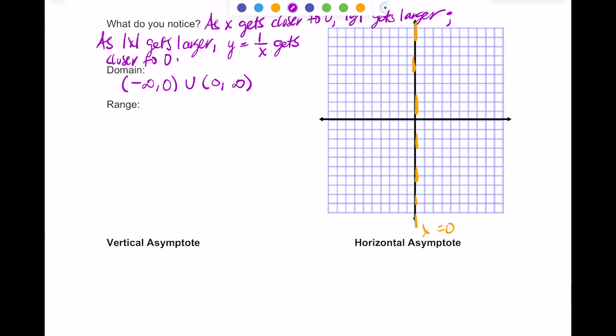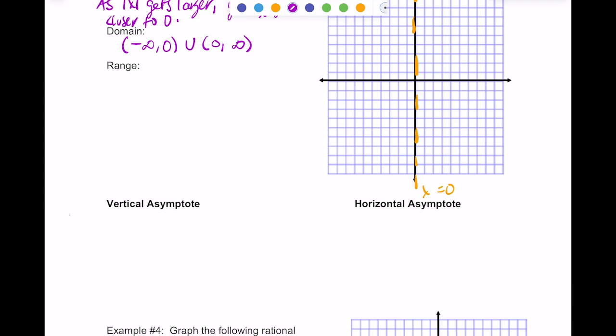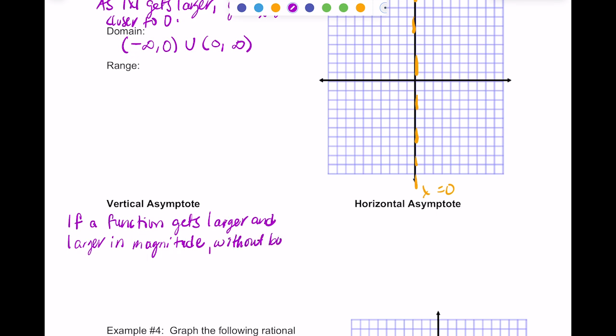A vertical asymptote is when a function gets larger and larger in magnitude without bound, so as it keeps going on and on, as x approaches a number, we'll call that number k, then the line x equals k is a vertical asymptote.